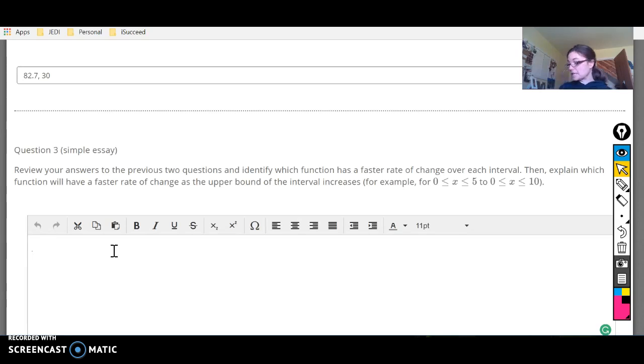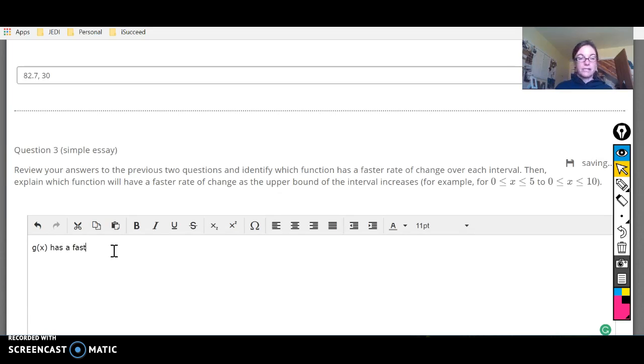So what I would say here is that g of x has a faster rate of change in the first interval, which was, and I can't do a less than or equal to, so between 0 and 1, but f of x has a faster rate of change for the second interval, which was x is greater than 1, essentially.